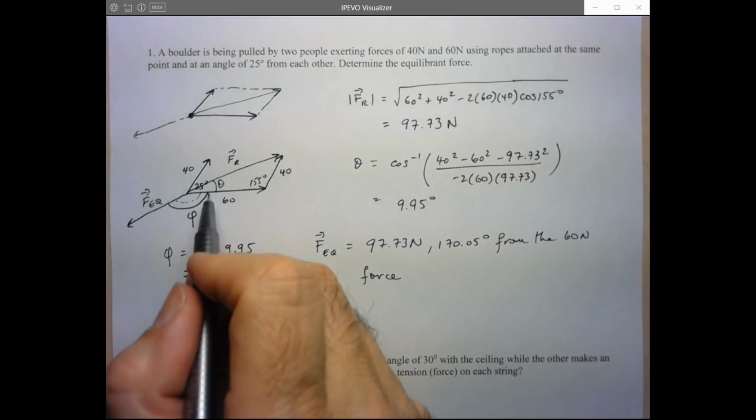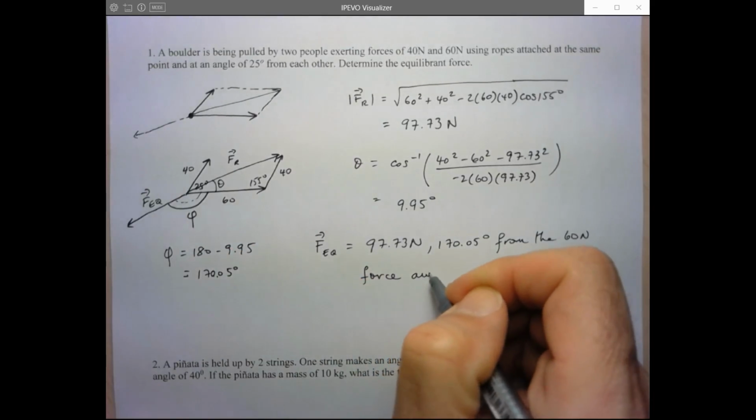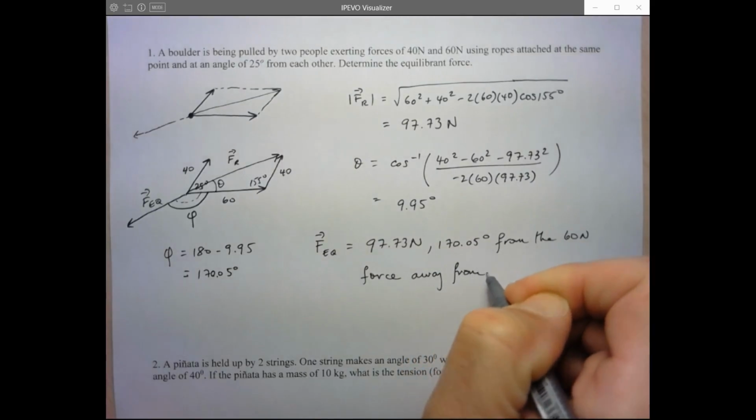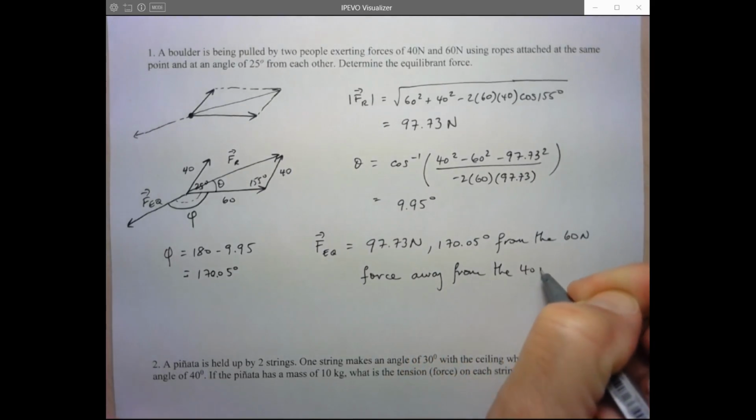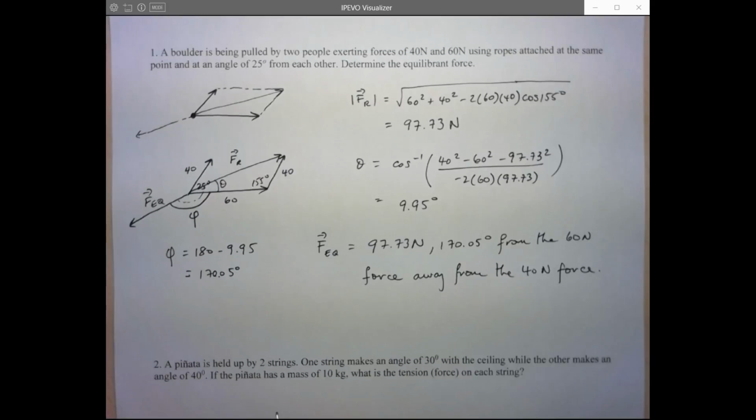This time we're going away from the 40 Newton force. Of course, I could have also given these names so that I didn't have to write so much.